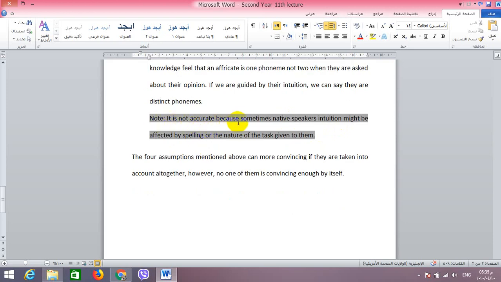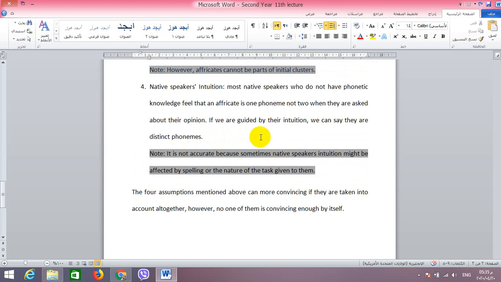It is not accurate because sometimes native speakers' intuition might be affected by spelling. They might be deceived by spelling or the nature of the task given to them. Okay? So we cannot wholly and fully depend on native speakers' intuition.